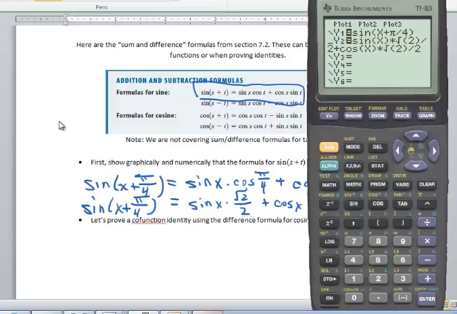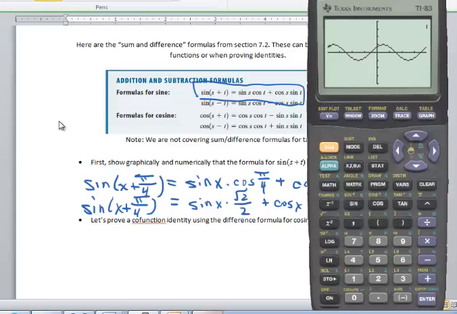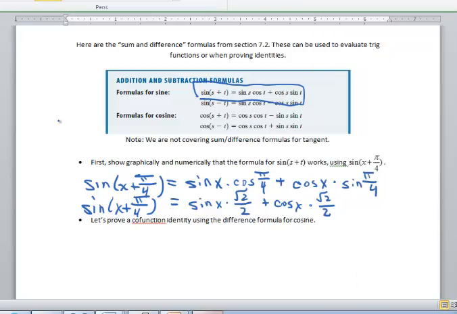And then we can see how there's y1, and now y2 should go right over it, right? You see it does. It's just thicker. So that's probably a little bit better way to show it graphically, because the one graph just draws right over the other one. So we pretty much showed graphically and numerically that that formula works.